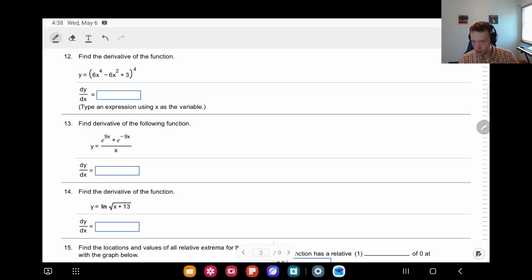So keep track of what is outside versus what is inside. You take the derivative of the outside part first, and then you multiply by the derivative of the inside. So the outside is this 4th power. So we're going to perform a power rule on that.